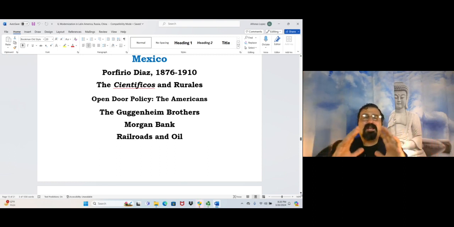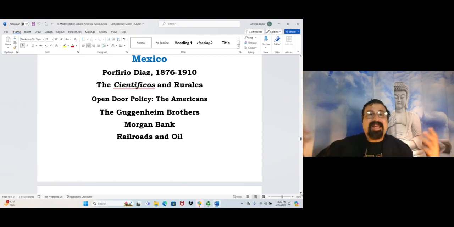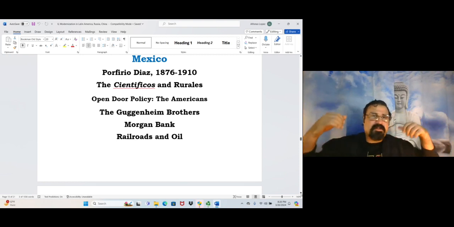Mexico is going to be the incarnation of the positivist ideology, in which this liberal caudillo, Porfirio Diaz, who seizes power in 1876 and ruled the country until 1910, a 34-year dictatorship, brought in a series of advisors known as the científicos, the scientists, the experts in the economy, in politics, in society, and so on.